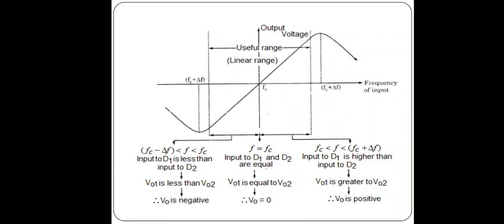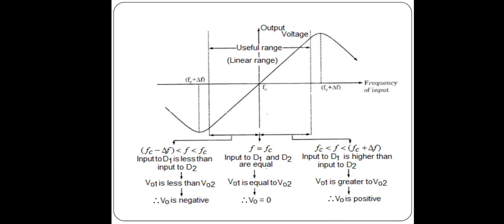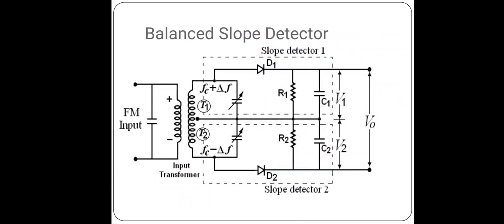And whenever the input frequency is higher so that D1 output is higher than D2, we get the output voltage with respect to D1, which is positive voltage. And if the input is less than FC minus del F, then diode D2 produces an output higher than D1, so the output is negative.